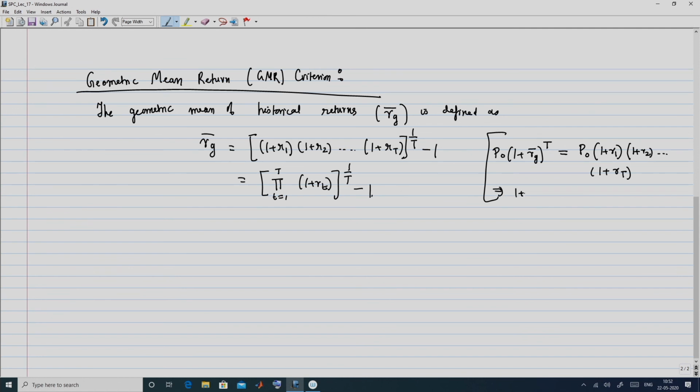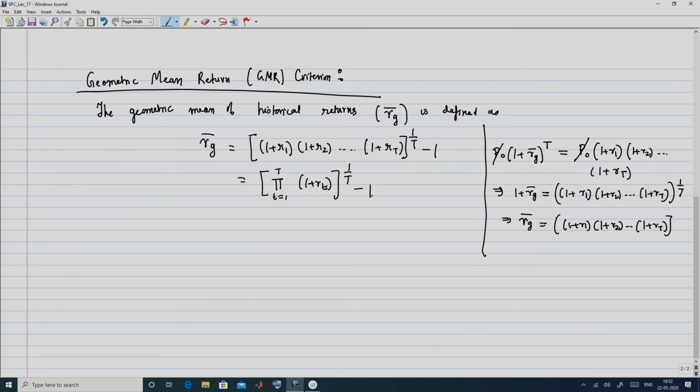This gives you 1 plus RG bar equal to 1 plus R1 into 1 plus R2 all the way to 1 plus RT raised to 1 over T, and this implies that RG bar is equal to 1 plus R1 into 1 plus R2 all the way to 1 plus RT raised to 1 over T, minus 1. So, that is the derivation of this result.